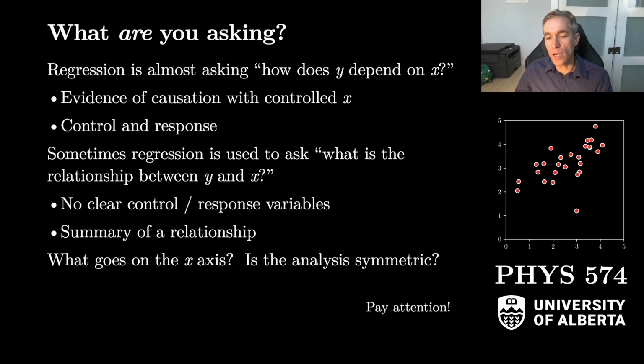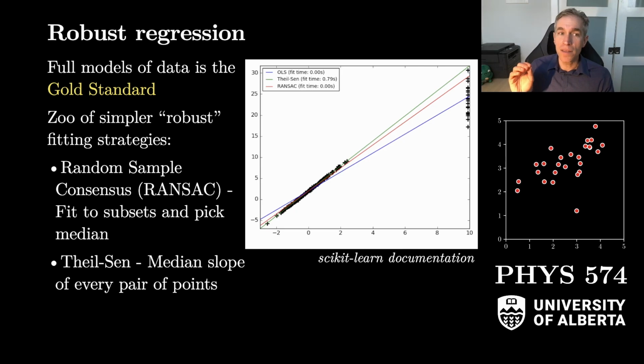The last things to talk about are some other types of regression. There are a lot of opportunities for doing regression without building these full data models. The gold standard is to really think about every one of your data. Sometimes that's hard. And there's a whole zoo of robust fitting strategies that are designed for incorporating bad data without having to really worry about which data are bad.